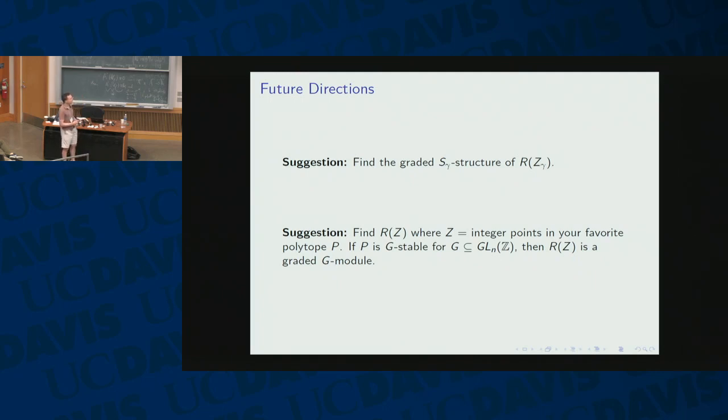And here's another suggestion for those of you who like polytopes. Take your favorite polytope P, look at the integer points inside that polytope, and try to compute this orbit harmonics quotient. See if you get something nice. And if your polytope is G-stable for the action of some crystallographic group G, that's finite, then what you're actually going to get is a graded G-module, and it might be interesting to look at its character.